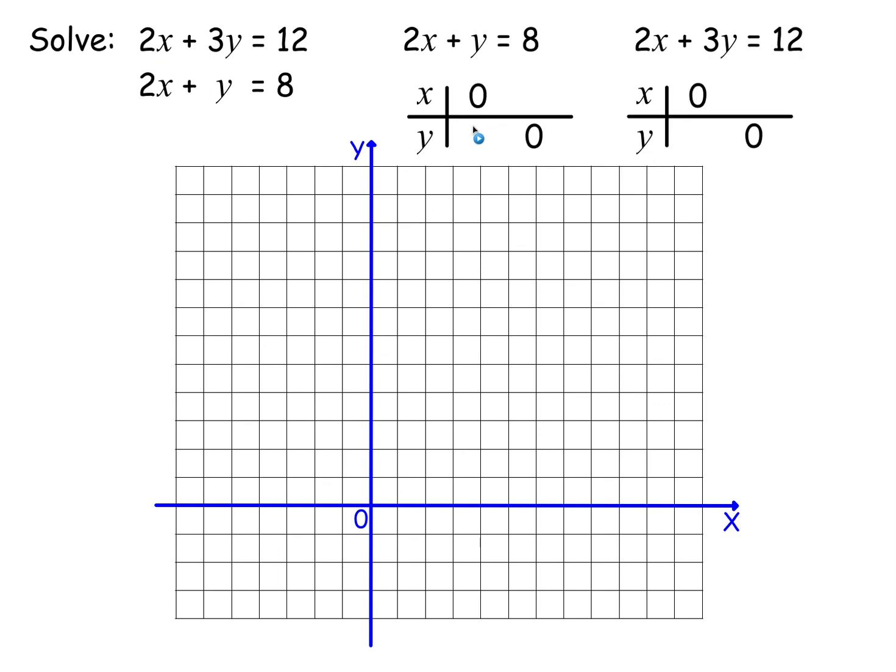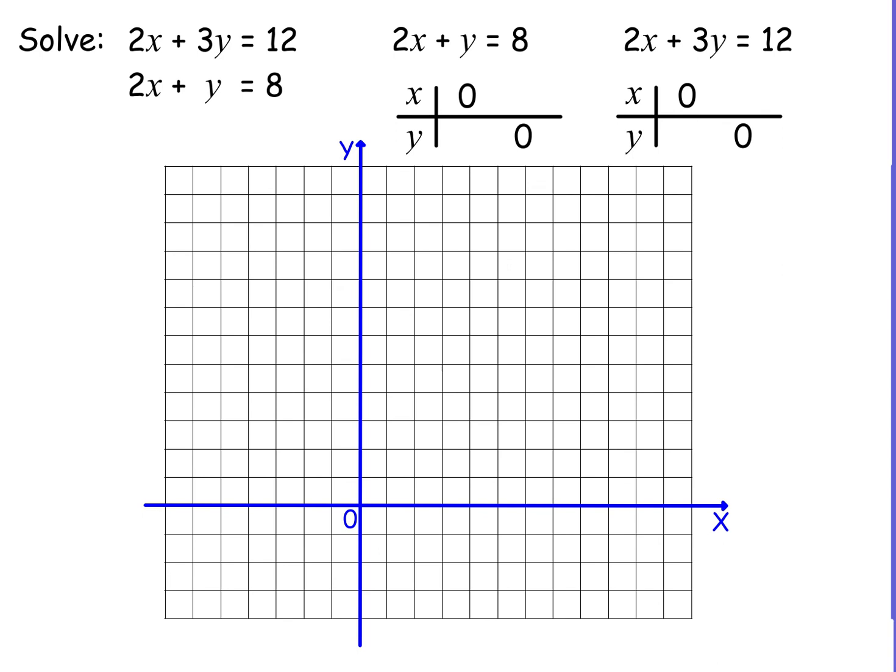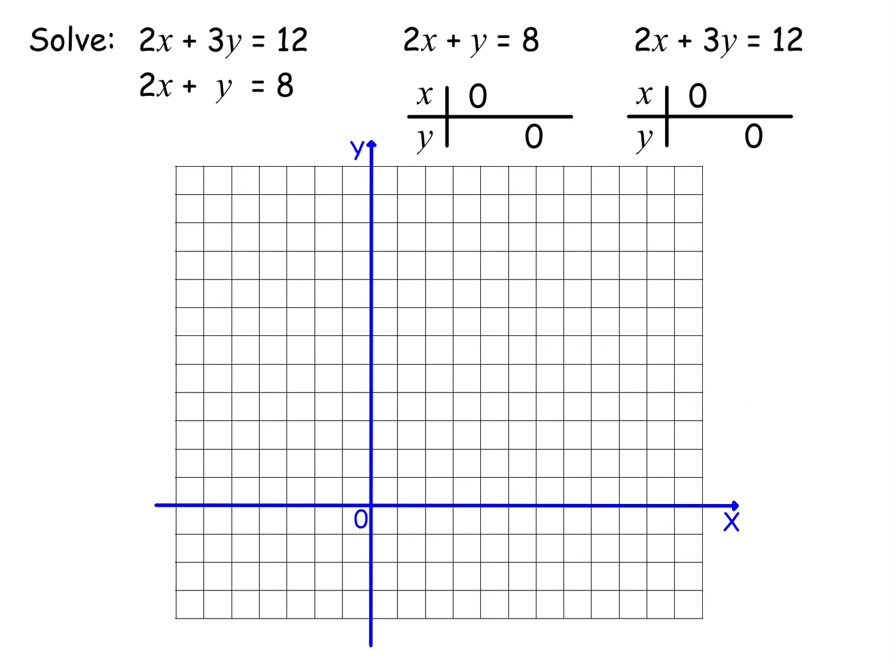Instead of drawing up a table of x and y values, I just need where x is 0 and where y is 0. So the one we've done earlier was 2x plus y equals 8. If x is 0, then you work out y. So I'm going to use a cover up here.